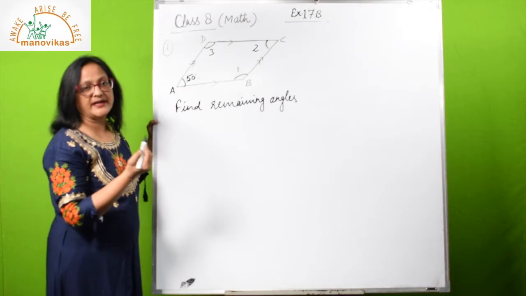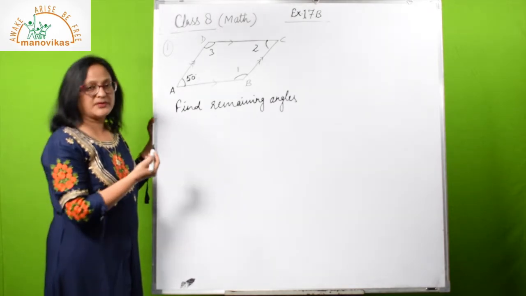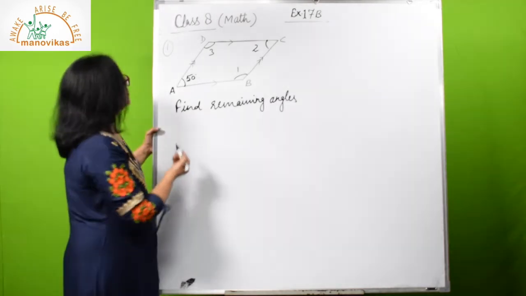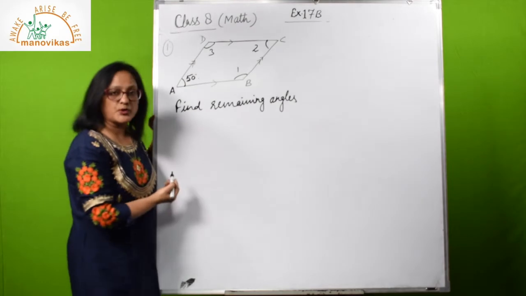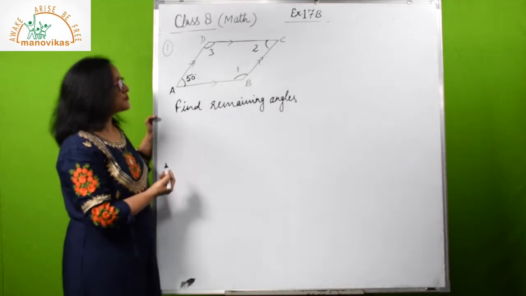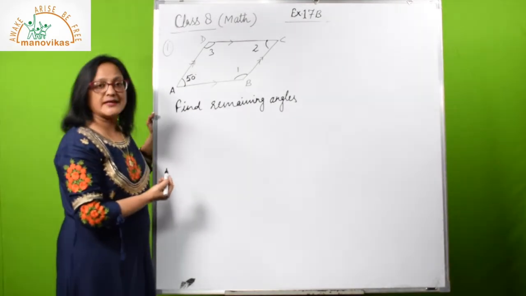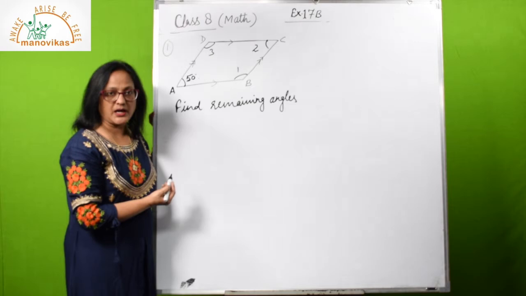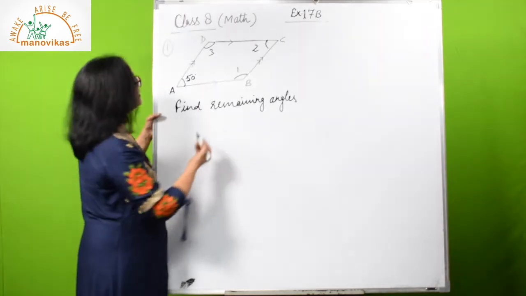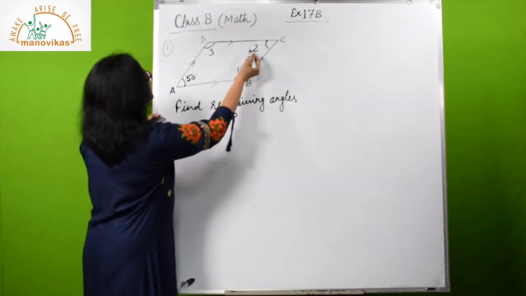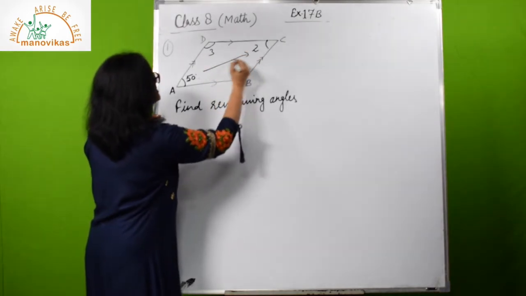Each for a rectangle, square, rhombus, means in each parallelogram. So if you remember the angle property of a parallelogram, the first property was opposite angles of a parallelogram are equal. So if we remember this property, we can make the connection between these two angles.